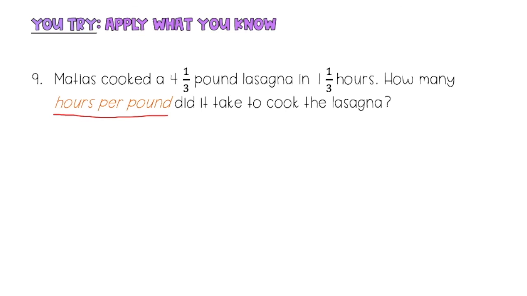So my number that represents my hours is 1 1/3 divided by, and in this problem, my pounds, I know Matthias has 4 1/3 pounds, and then I'm going to divide. But wait a second, I have two mixed numbers. I need to turn both of them into improper fractions. So 3 times 1 is 3, plus 1 is 4.